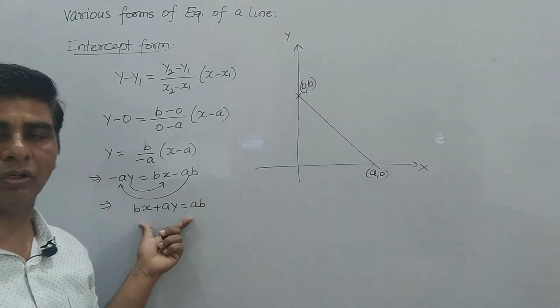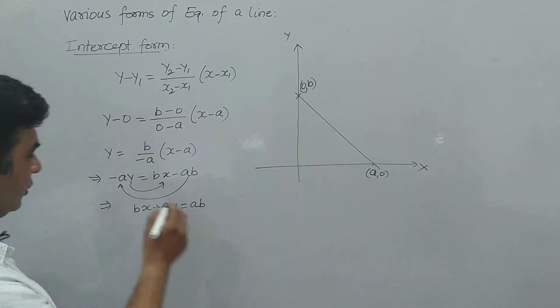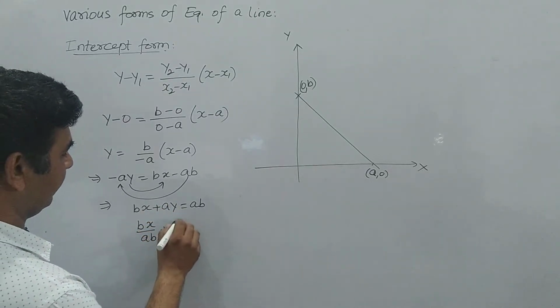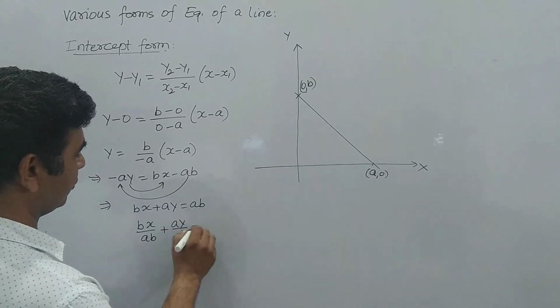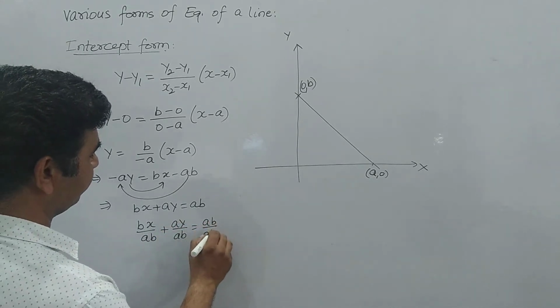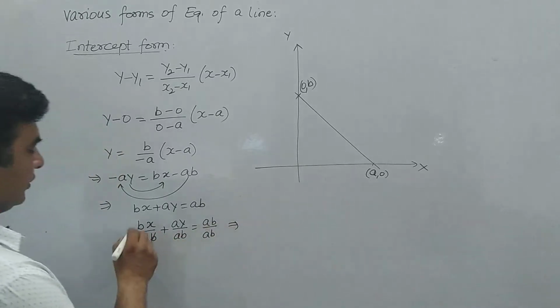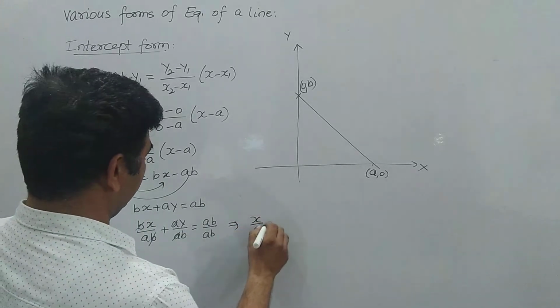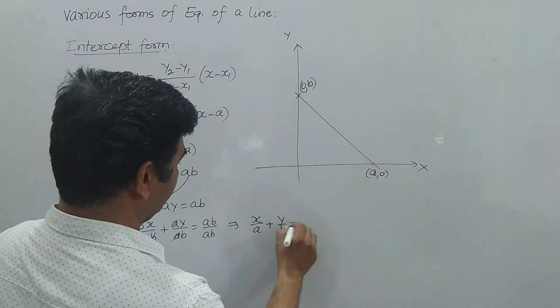Let me divide the whole equation by ab. This is bx upon ab plus ay upon ab is equal to ab upon ab, which implies, cancelling b with b and a with a, x upon a plus y upon b is equal to 1.